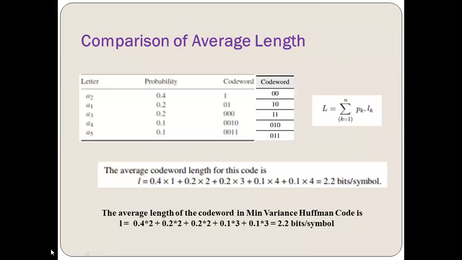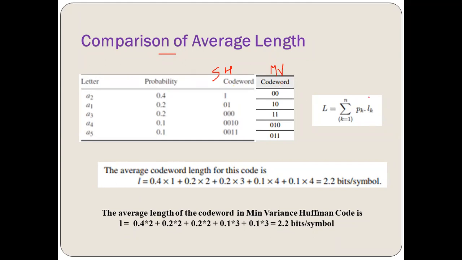Now again we are going to compare the average length also. The important part here is I have just taken the symbol, the probability, the code word with standard Huffman coding, and the code words we have generated with the help of minimum variance Huffman coding, right? So this is the code word we have generated with standard Huffman, and this is the code word we have generated with the minimum variance.